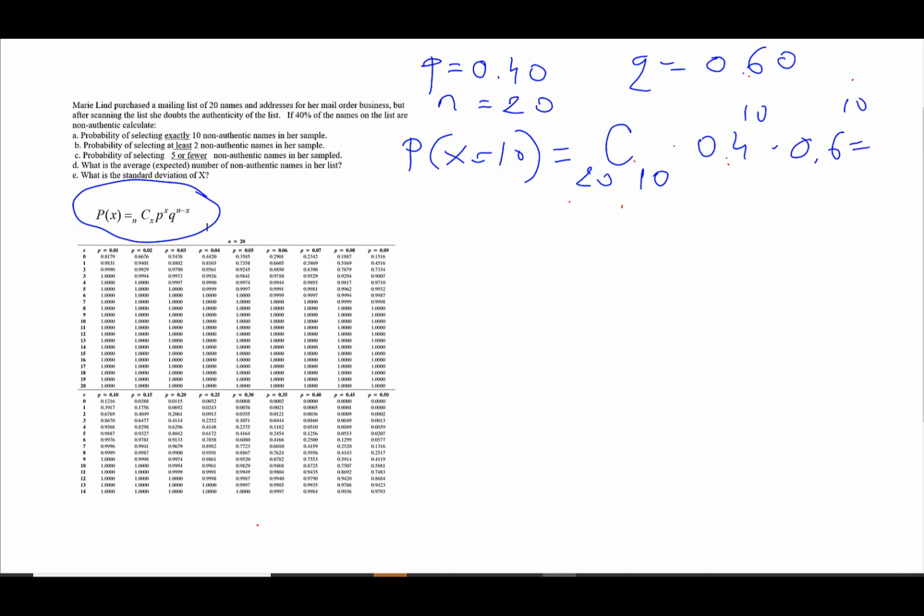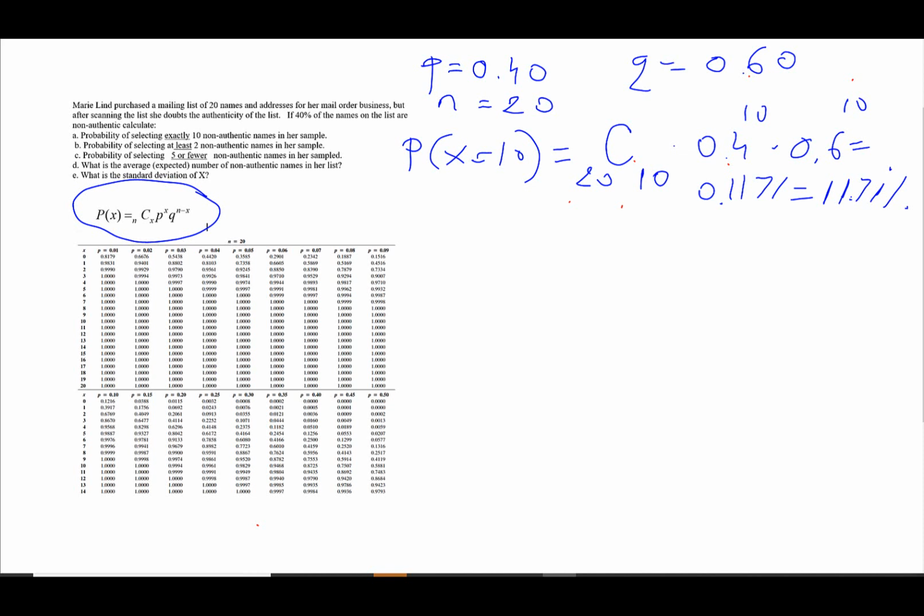When we calculate this probability, we have decimal 1171, so 11.71%. So the probability of selecting exactly 10 non-authentic names is 11.71%.